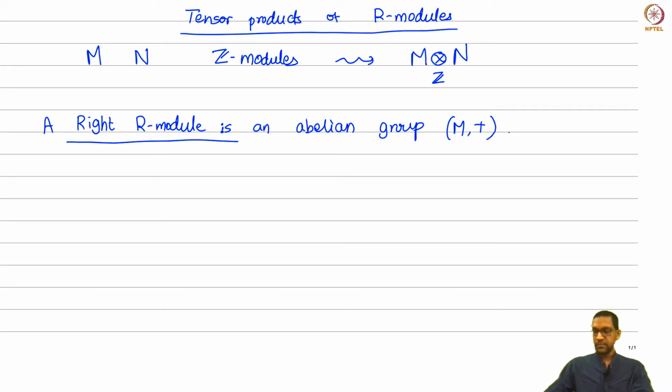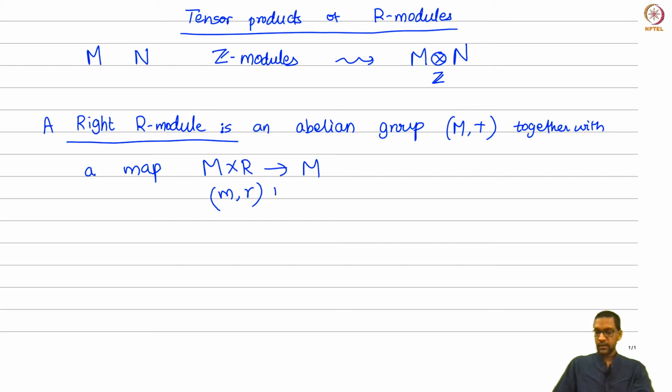together with a right multiplication, a map M cross R to M, which we will write like this: (M, R) mapping to M·R. So you think of this as multiplying on the right, such that the following axioms are true.